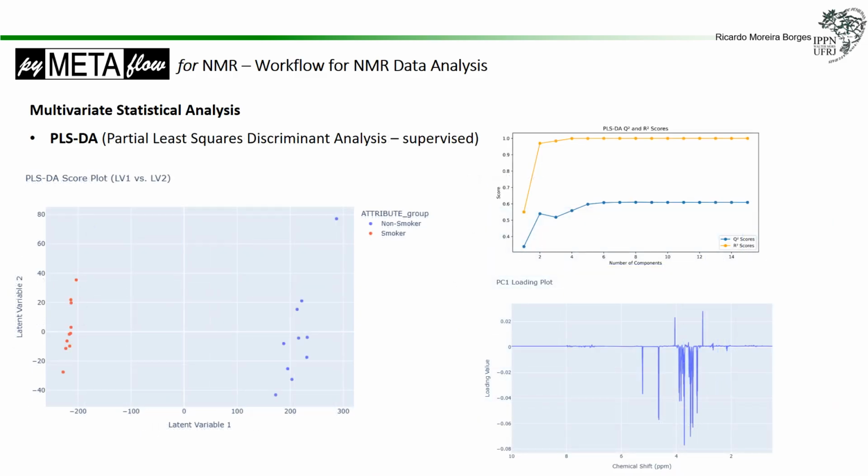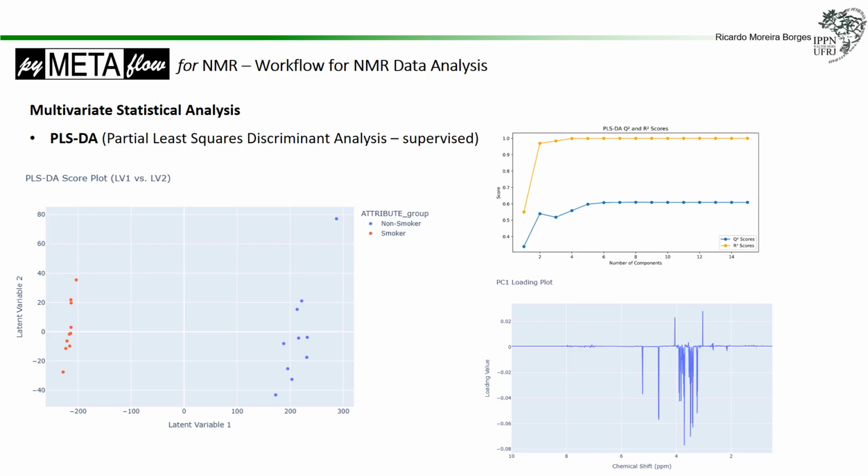For the PLS-DA, now we are talking about a supervised analysis. We actually use the classification vector, that would be the classification column from the metadata, in the calculations. And so you need to have that settled, and we make an additional plot, not only the loading plot but the validation plot for the Q and R square, right?